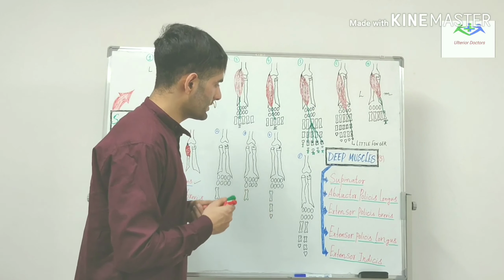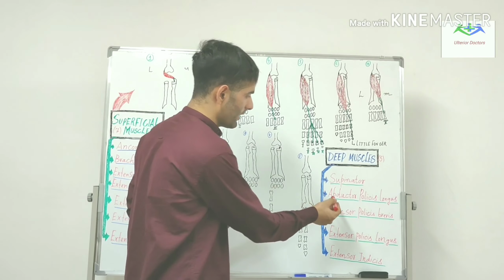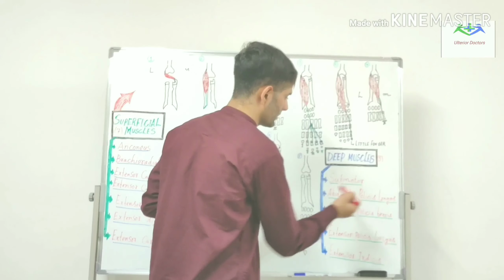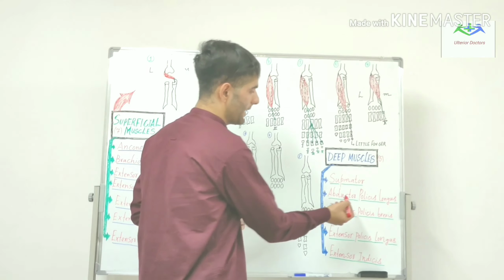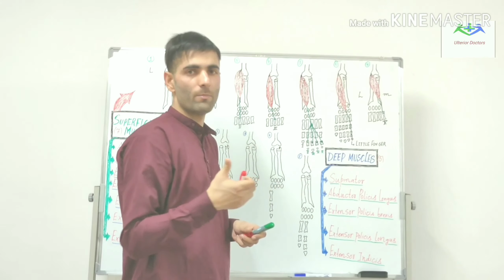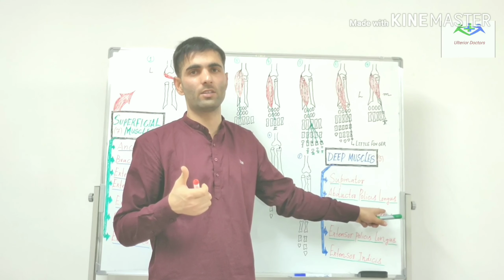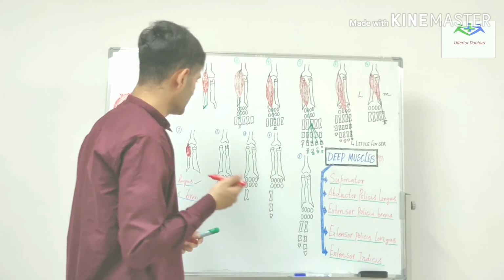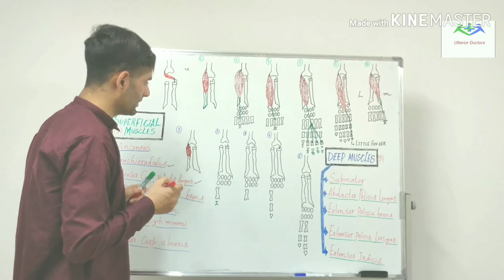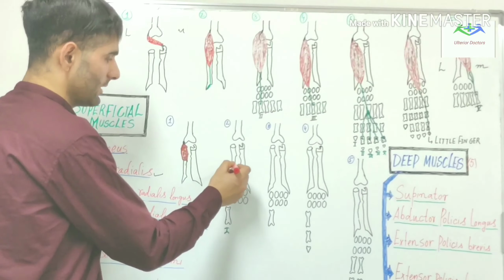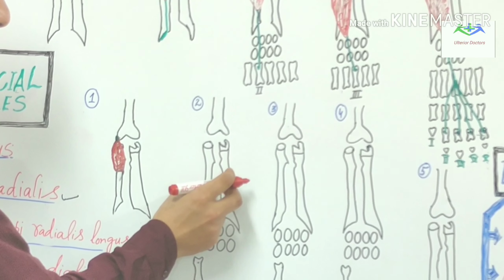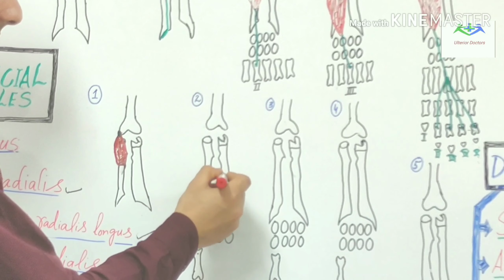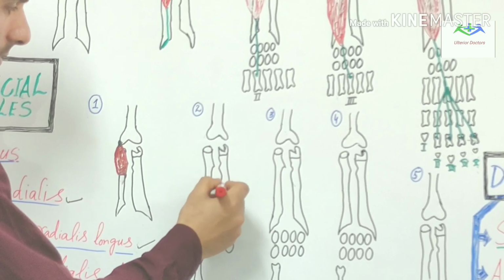Now, second muscle, the abductor pollicis longus. Abductor indicates the abduction, pollicis means thumb, and longus means it gives the long tendon. Let's see. It originates from the posterior surfaces of the shaft of the radius and ulna, like this.